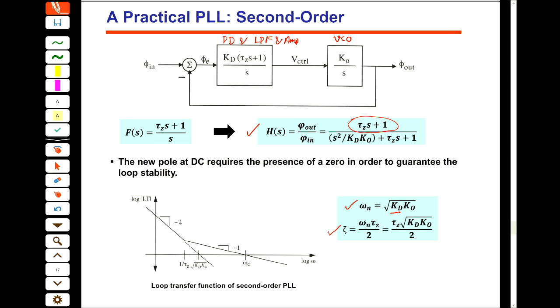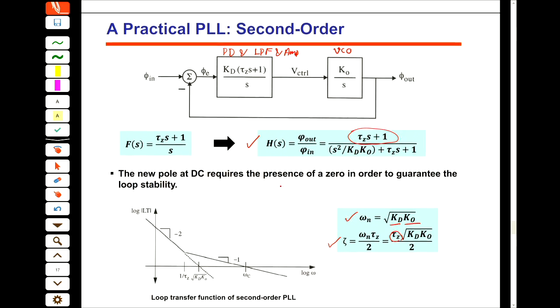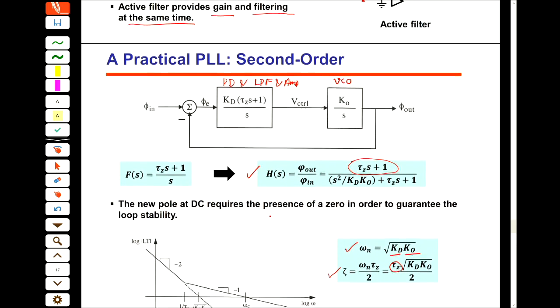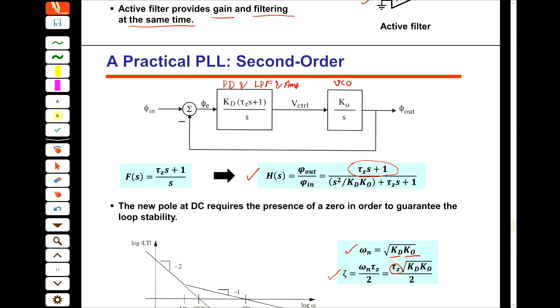We know the KD. We know the KO, and then we can find the optimum values for this tau. And also the gain that we need. So what's the gain of this system?